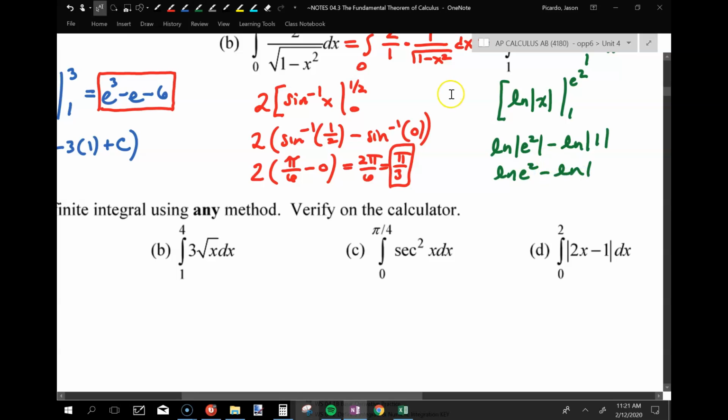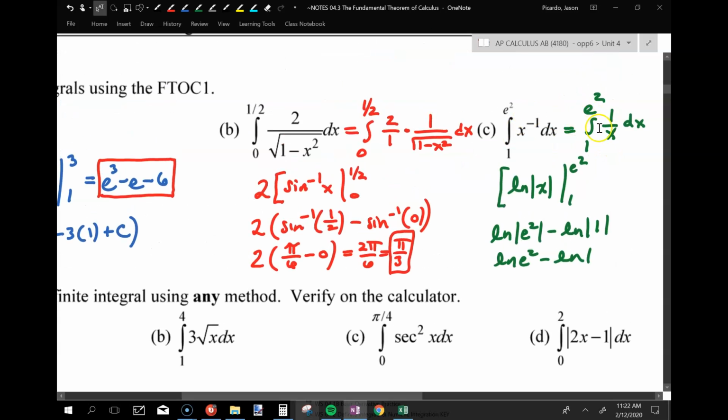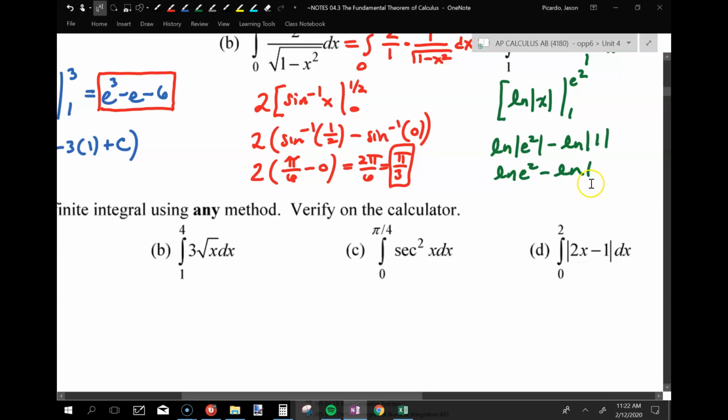And here's the thing. I guarantee you, there's no question about it, that if this is like a multiple choice question, there is no way this is left as the answer. Because this 2 can be brought out in front using a power rule, right? What's 2 natural log of e? 2. Minus natural log of 1 is 0.